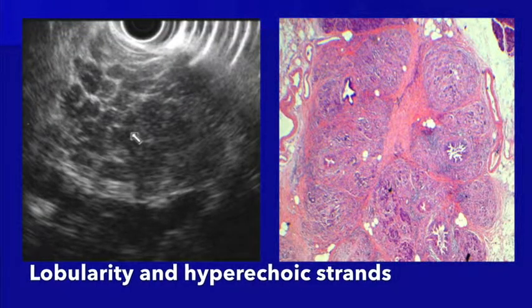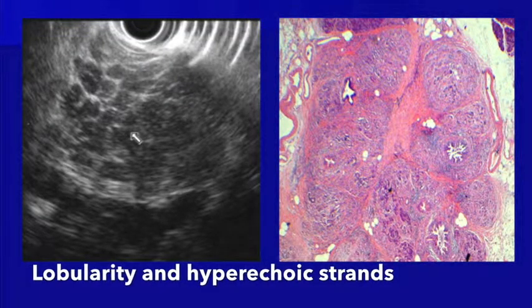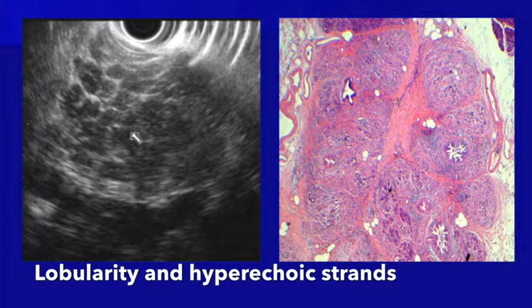The EUS image and the corresponding histologic image show the marked lobularities and fibrotic strands.